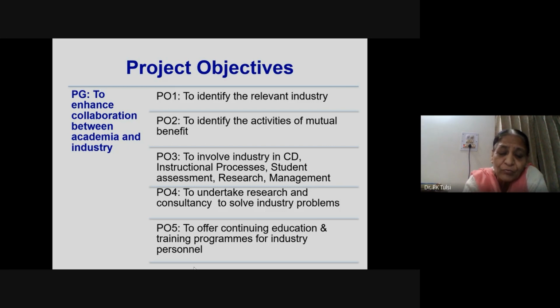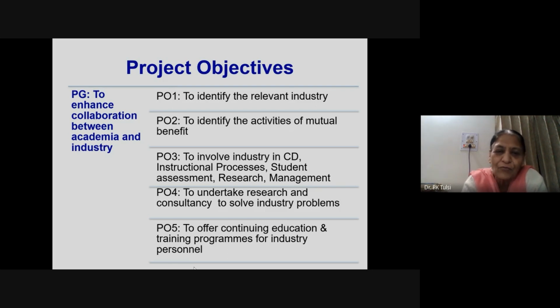Maybe they can go in for those modularized programs, or they can think of a long-term program whereby they improve upon their qualification, going to bachelor's, then going to master's and so on. So you open up that arena for them. Or you have a distance learning program, or you have an executive leadership program for the industry personnel.